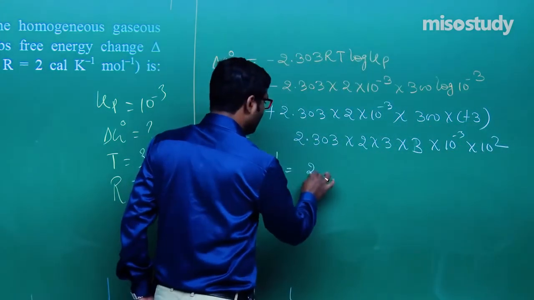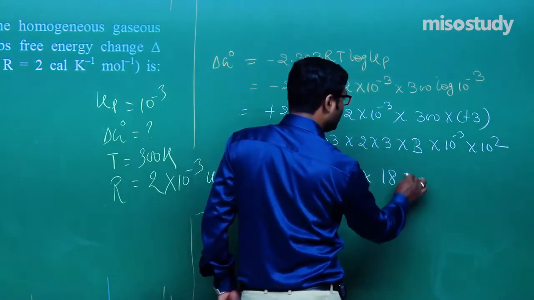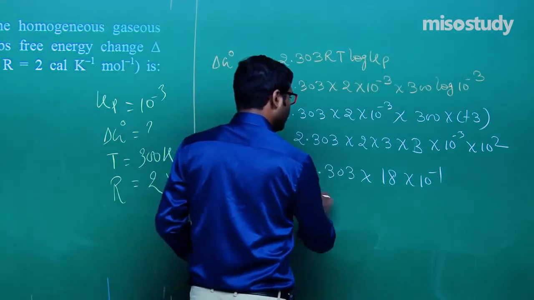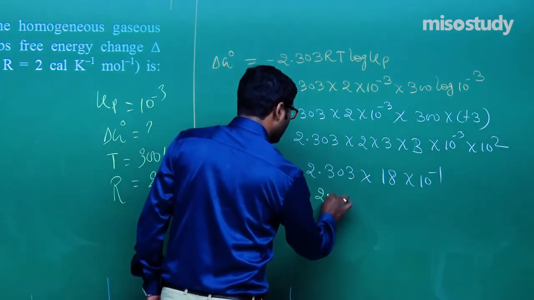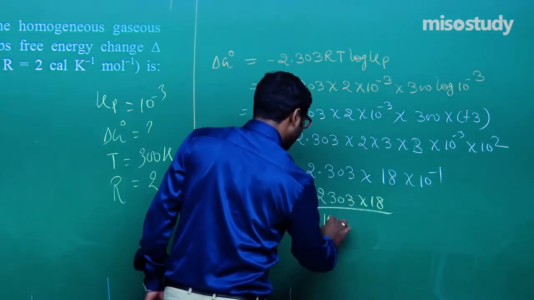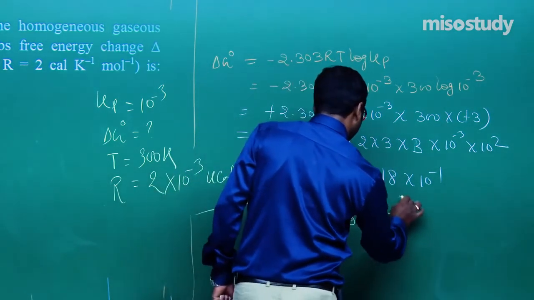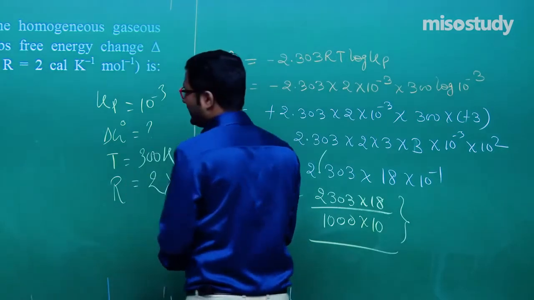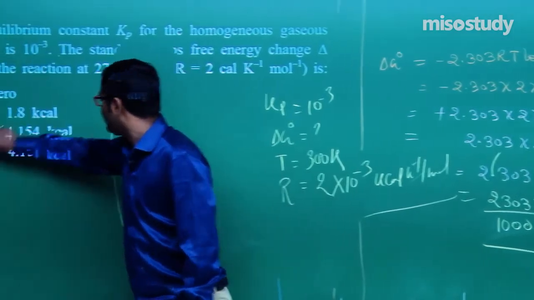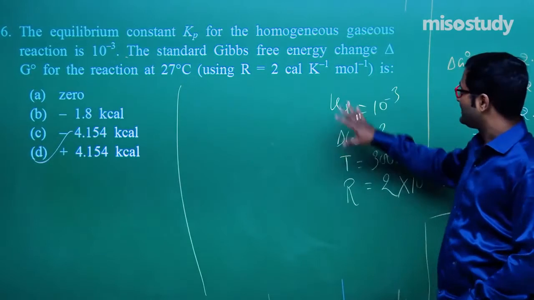Now solve this. 2.303 into 18 into 10 to the power minus 1, clear. This is the expression. Now how to solve? 2303 upon 18 upon 1000, if you remove the point, multiply by 10. If you solve this expression, then definitely you will get the answer. It is around plus 1.454 kilocalorie. Clear to you?